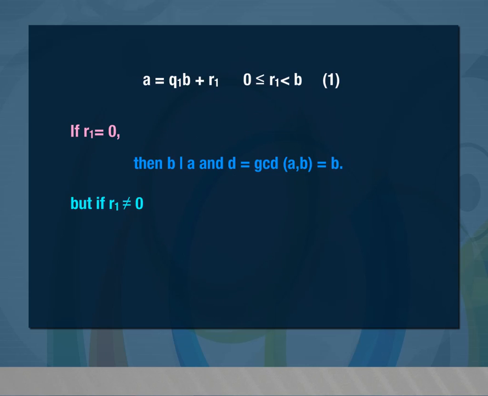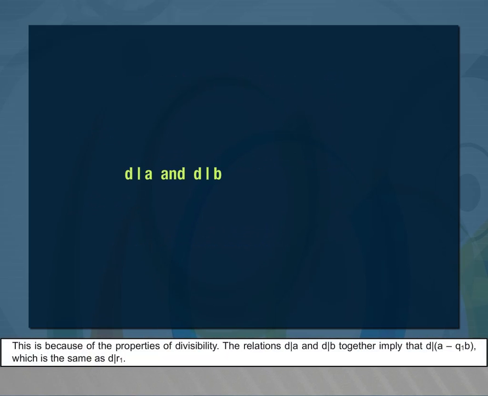But if r1 is not equal to 0, we can state that d divides r1. This is because of the properties of divisibility. The relations d divides a and d divides b together imply that d divides a minus q1 times b, which is the same as d divides r1.